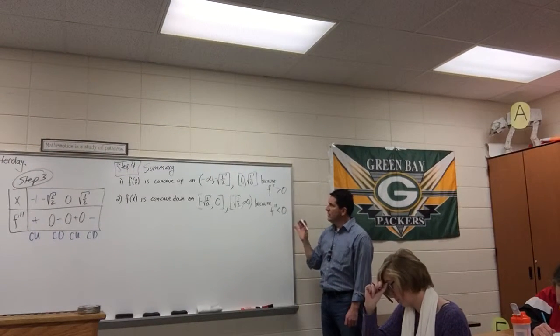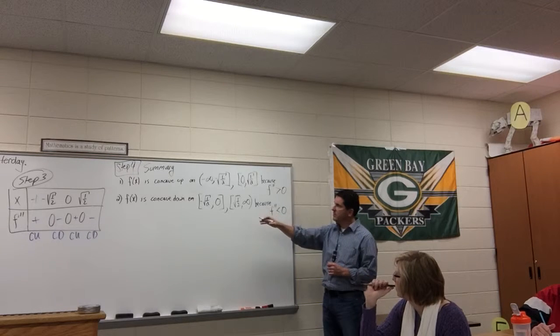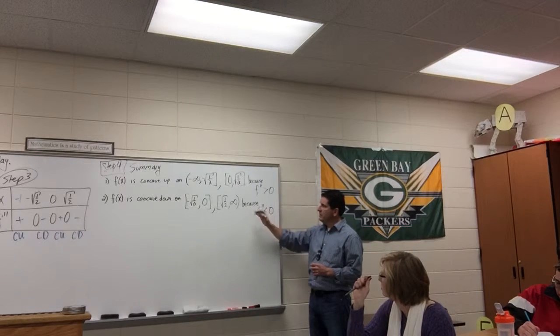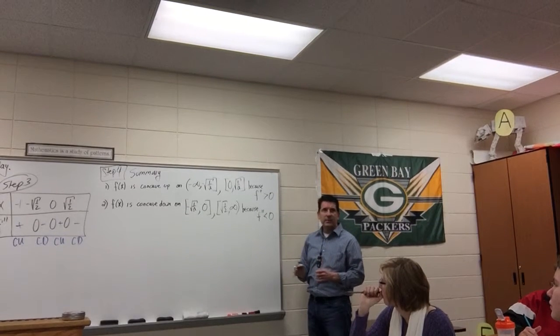And this tells us about the concavity of the original function, whatever that wacky thing looks like, on all of these intervals. We're now going to test it using the calculator.